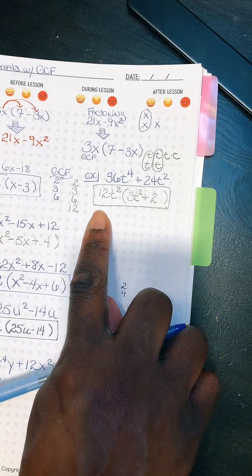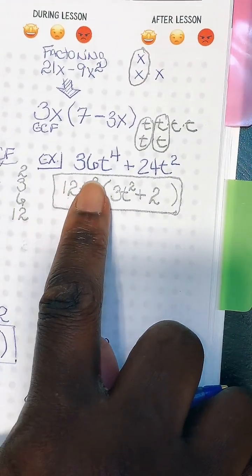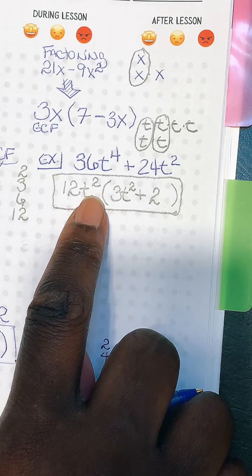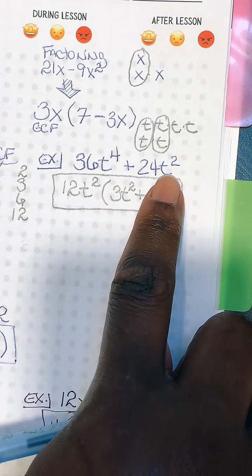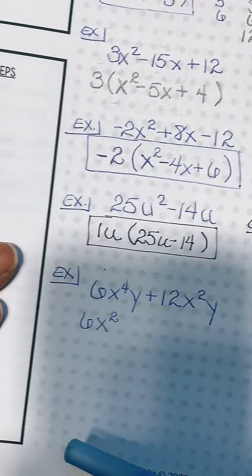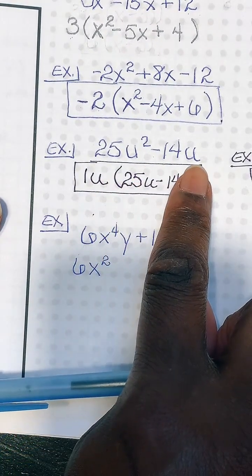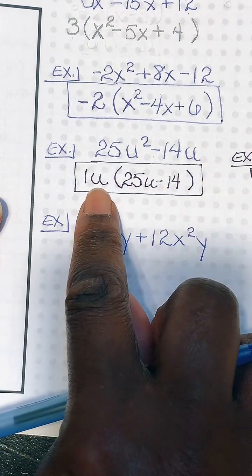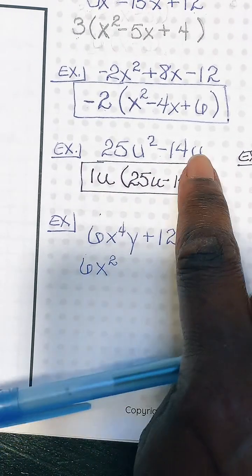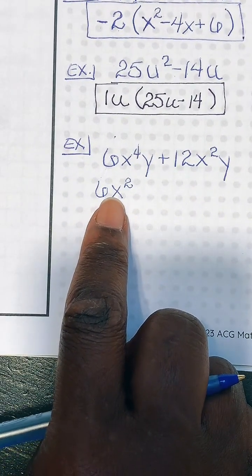So when we were factoring out the 36t to the 4th plus 24t squared, notice we pulled out t squared. When we got to the 25u squared minus 14u, notice the lowest exponent always ends up being a part of the GCF.